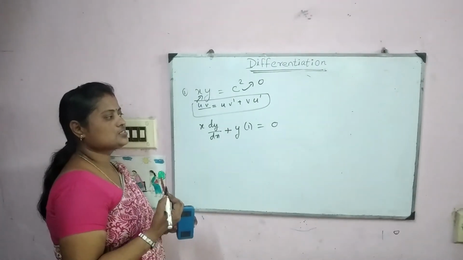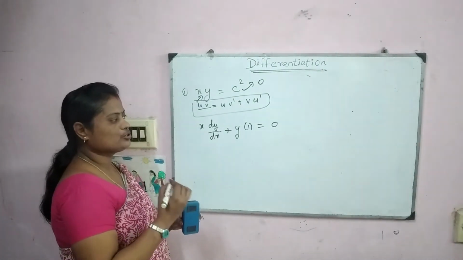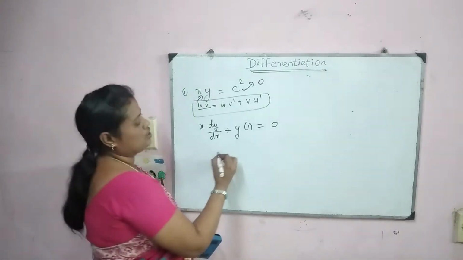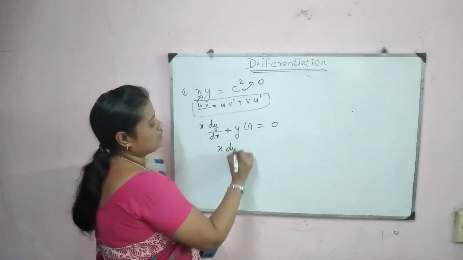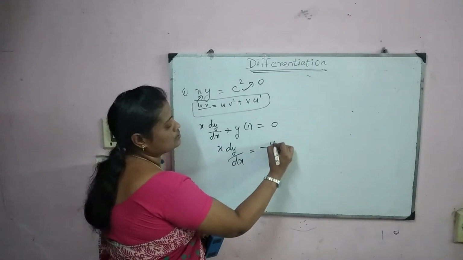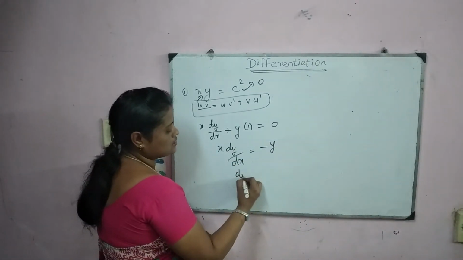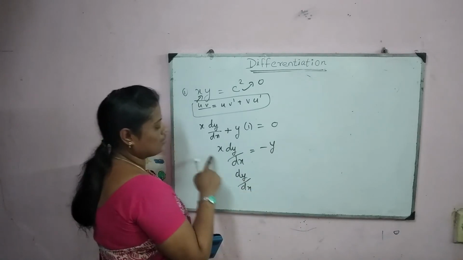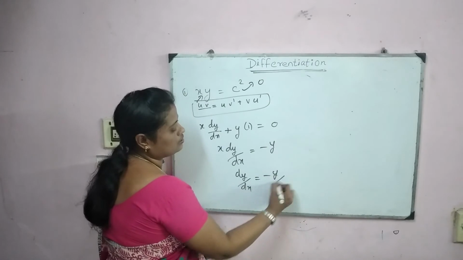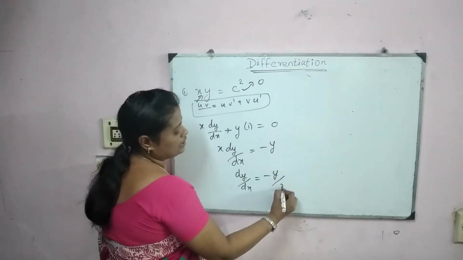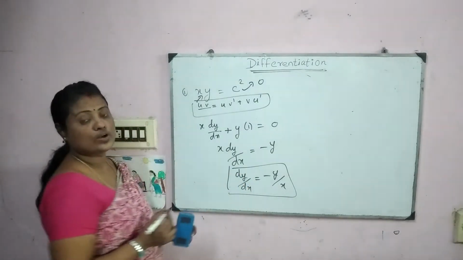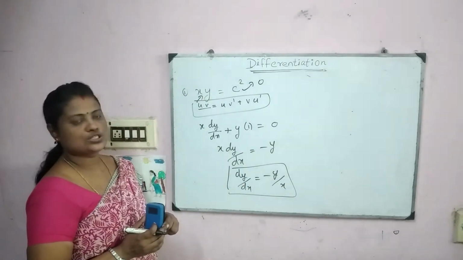Always, in a derivation, you have to give your solution dy by dx in terms of x and y. So x dy by dx is equal to minus y. Then dy by dx is equal to, here x is in a multiplication, so you bring it to the denominator. So dy by dx is minus y by x. So this is the equation solving method.